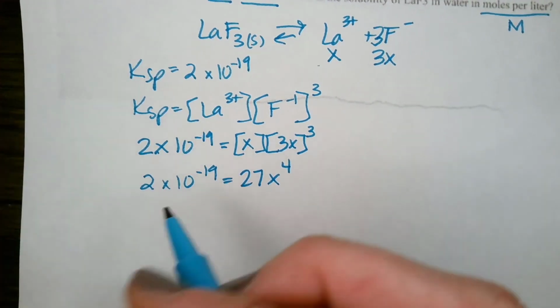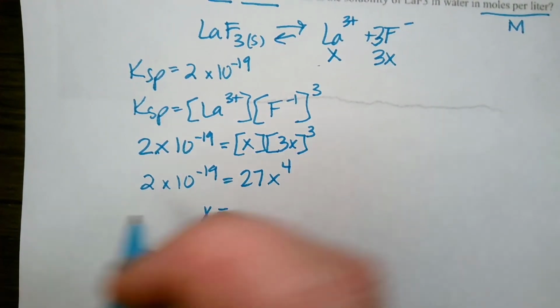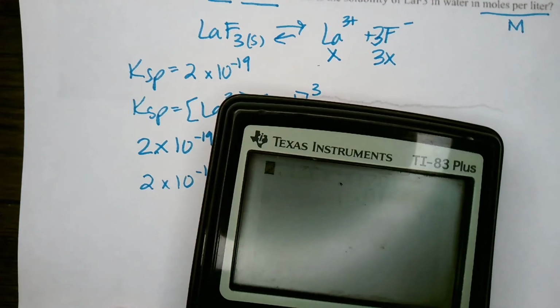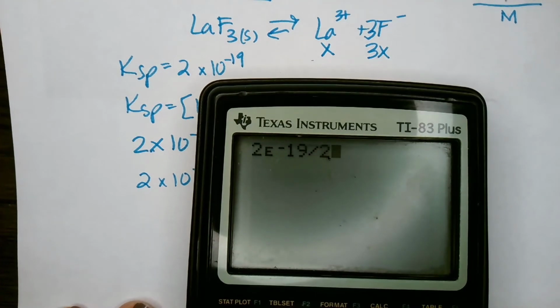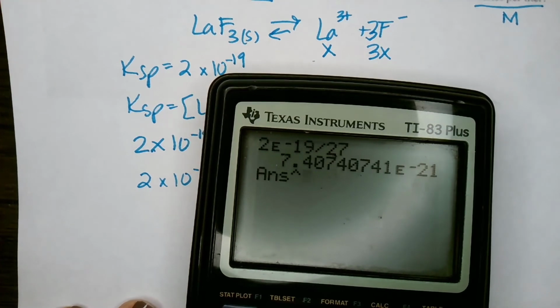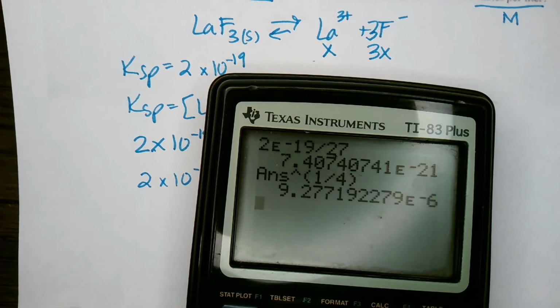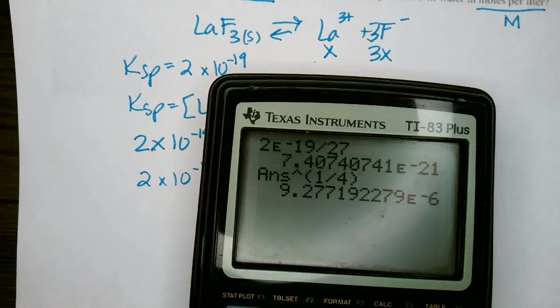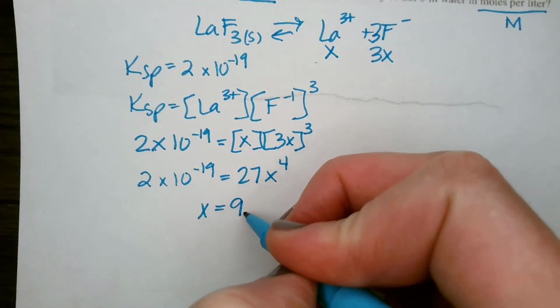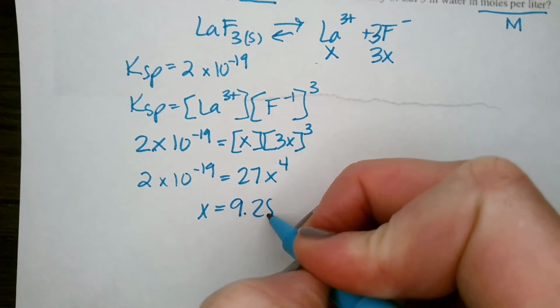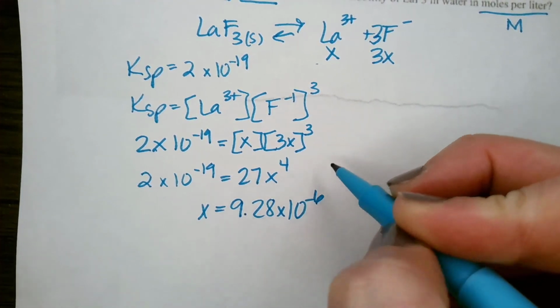So now let's do some simplifying to solve for x. 2 times 10 to the negative 19 divided by 27, raised to the power of 1/4. You should get 9.28 times 10 to the negative 6, but double check me. 9.28 times 10 to the negative 6.